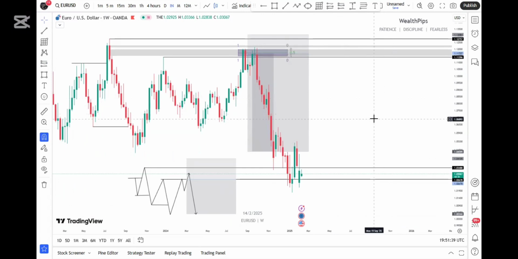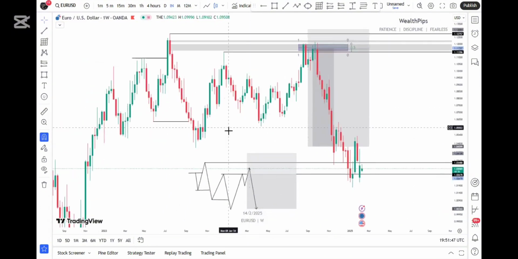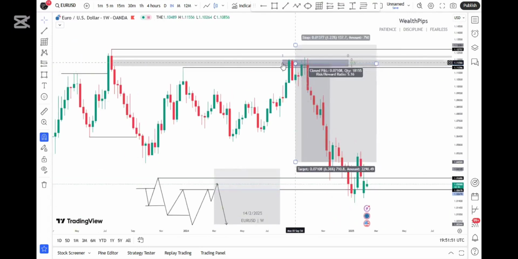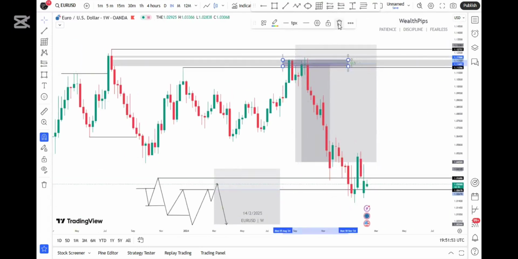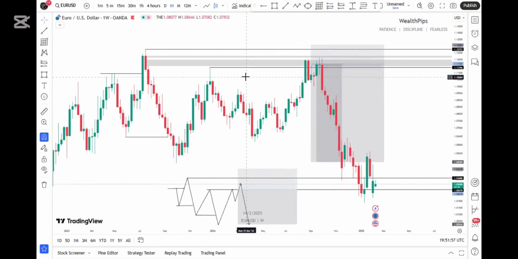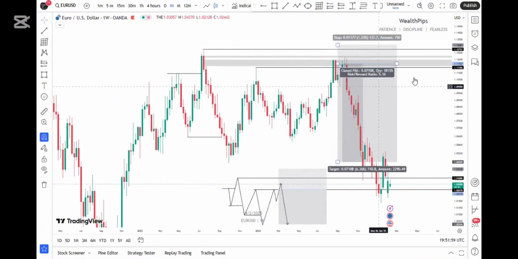Okay, for the other question, which asks which time frame is best for us to take a trade: just like I've shown you guys here, I did not take this trade on the weekly time frame.